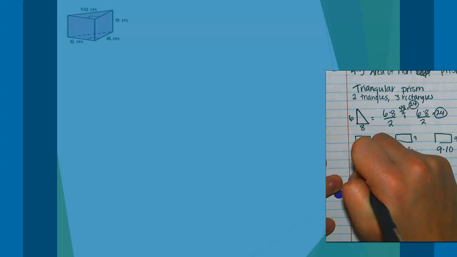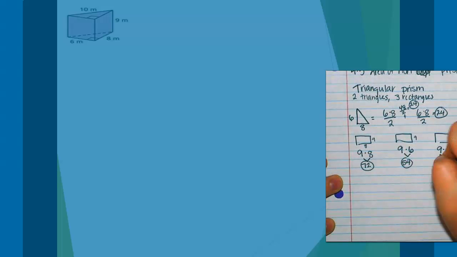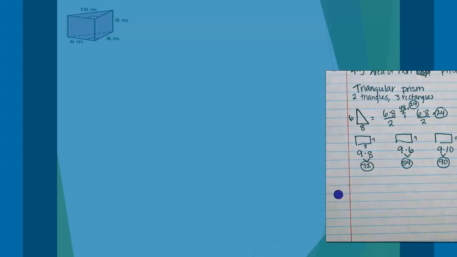9 times 8 would give me 72. 9 times 6 would give me 54. 9 times 10 would give me 90. Again, if you're showing your work, I don't mind if you use a calculator, but you've got to show your work so that you can explain your thought process, and I can see your thought process when I'm trying to help.